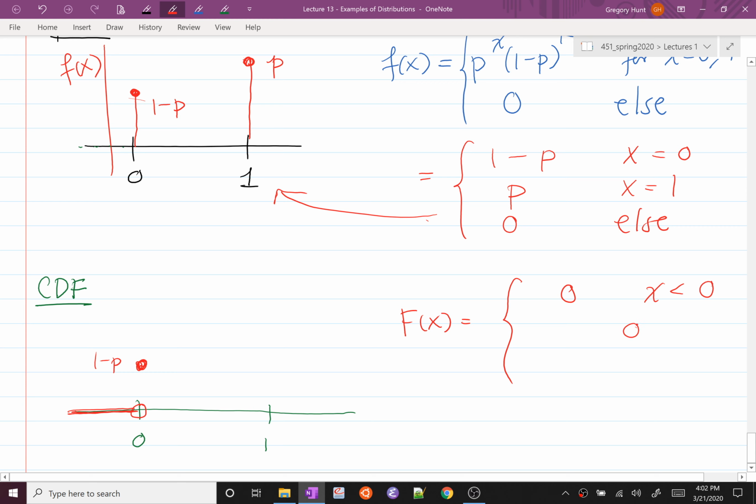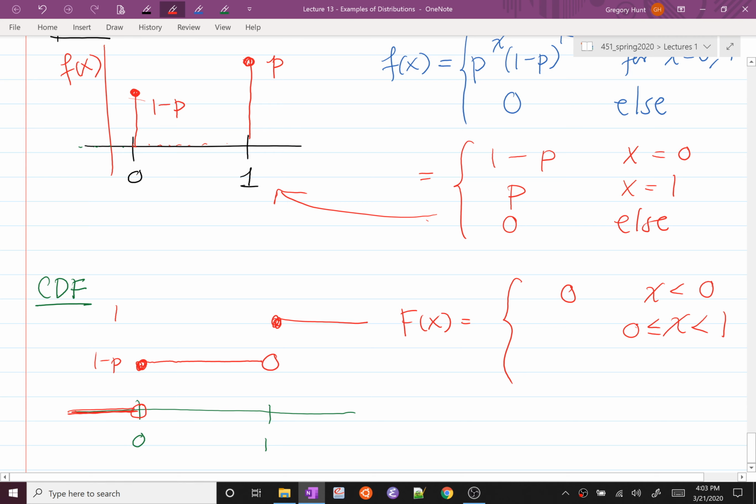And so if x is bigger than or equal to 0 but less than 1, anywhere in between, we're just going to continue on, a step function, until we hit 1, and at 1 we jump up to 1, actually. At 1 we add in the last mass.